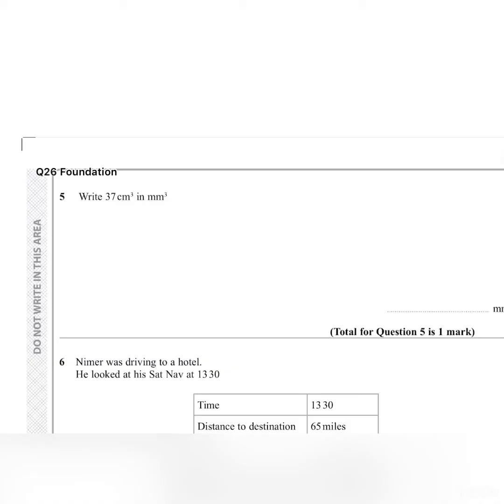Okay, question 5 says write 37 centimetres cubed in millimetres cubed. Now there are 10 millimetres in 1 centimetre. Okay, but since it's volume units, cubes, it's 37 times 10 times 10 times 10.